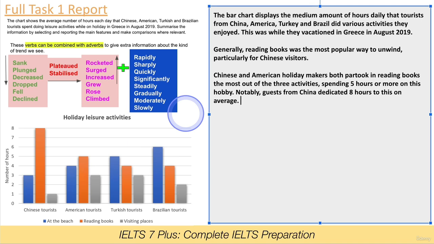Let's talk about the other activities for this group. Going to the beach, meanwhile, for these holidayers came in second in terms of time.